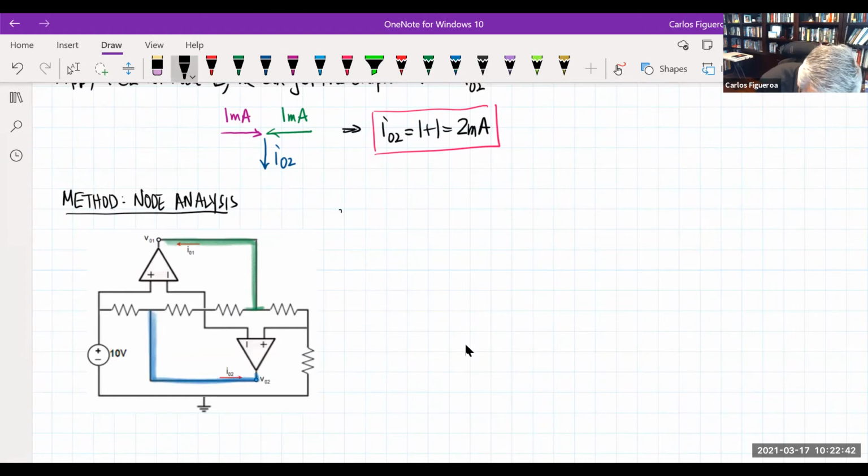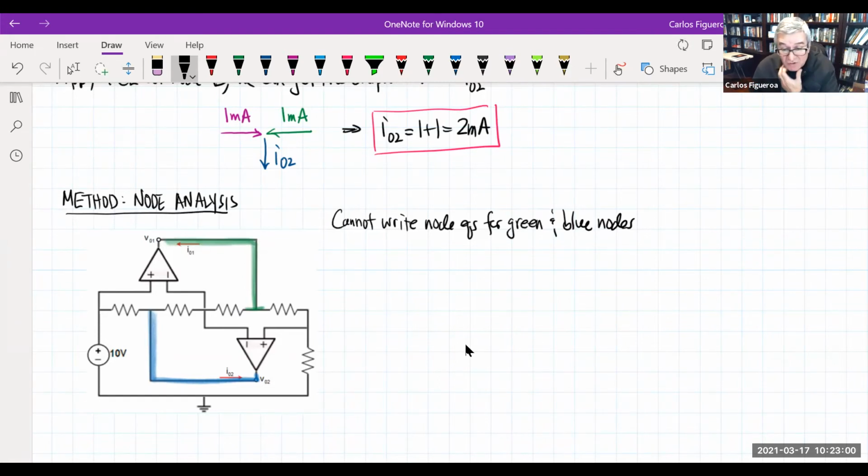So I cannot write node equations for the green and blue nodes.